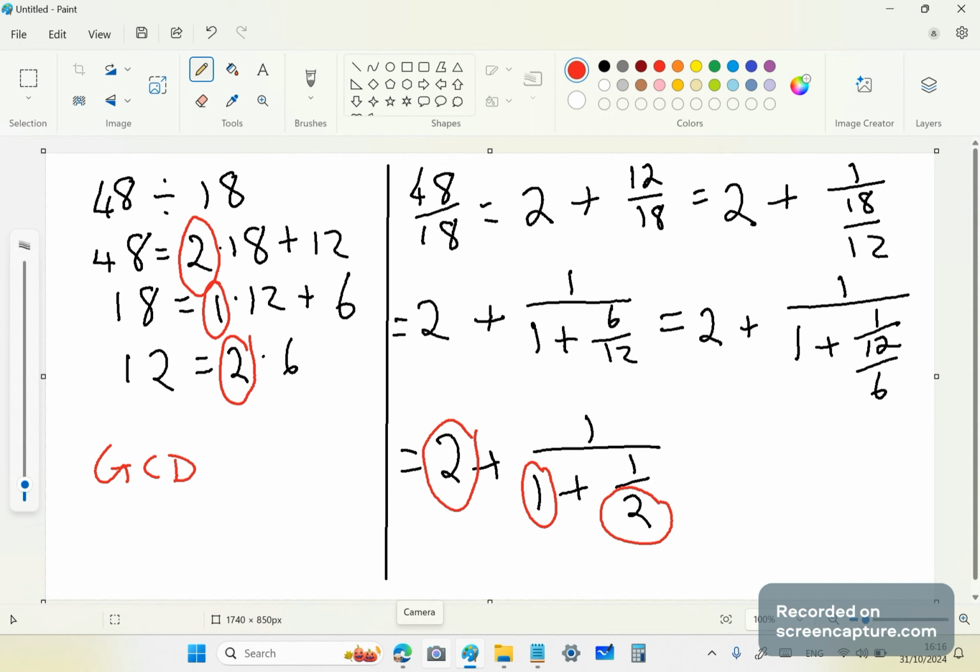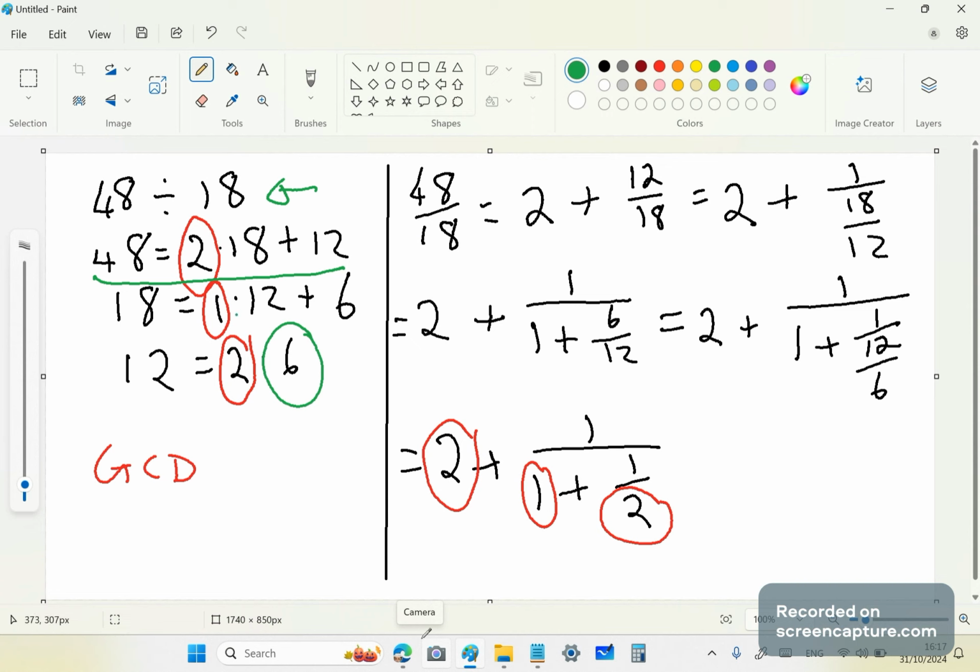So we see here that the greatest common divisor is 6. Now, that's because we say 48 divided by 18 is 2, and there's 12 left, right? So it's 2 times 18, which is 36, plus 12 is 48. That's this step.